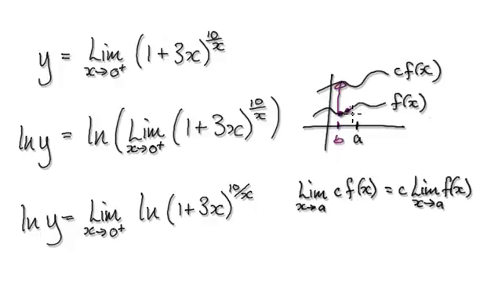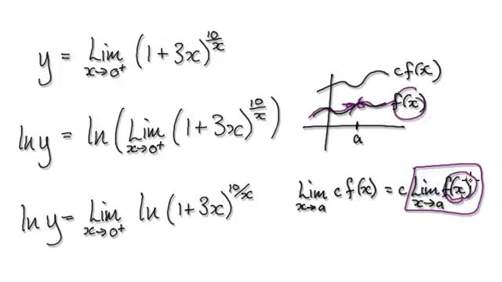If you're trying to find the limit of a constant times your function, rather than finding the limit of this thing here, we would just concentrate on finding the limit of f of x. Once we've got our limit, we can just simply times c. That will then jump to here.